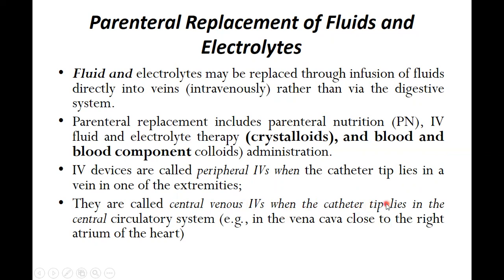When the catheter tip lies in the central circulation, for example in the vena cava close to the right atrium, we are going to call that a central line. For example, the ones that we use during dialysis, those are central lines into a major blood vessel nearer to the heart.